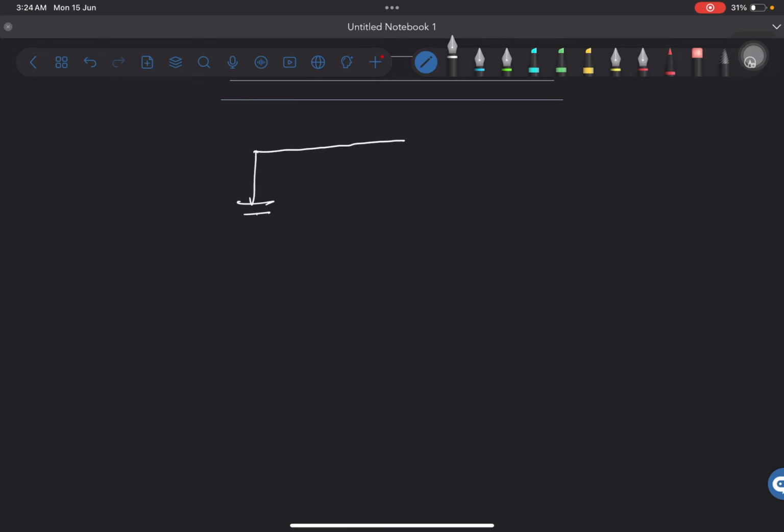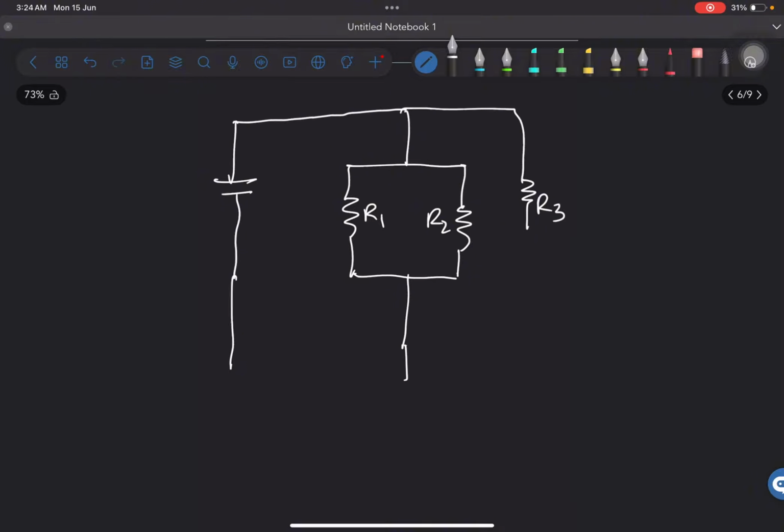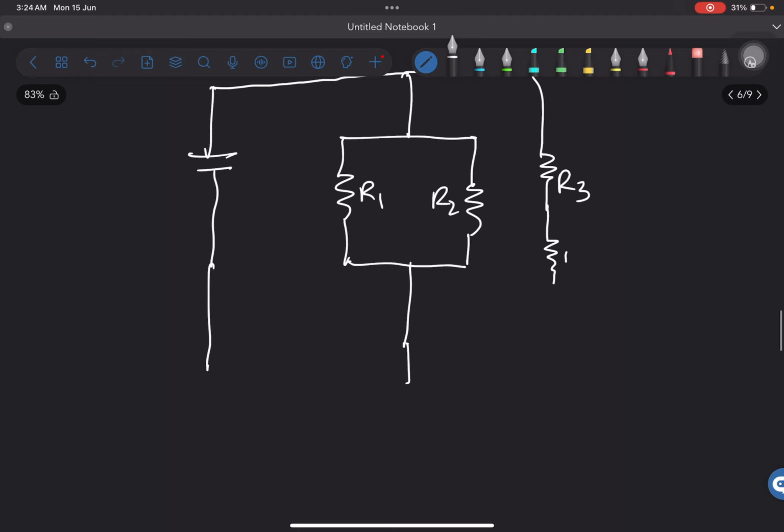At first, we draw the battery, and then in the middle goes another line, goes another line. Over here, we finally have our R1, and then over here, we have our R2, and then over here, we have this extension, and then over here, we have our R3, and then just a bit below, we have our R4, and then all of them are connected right over here.